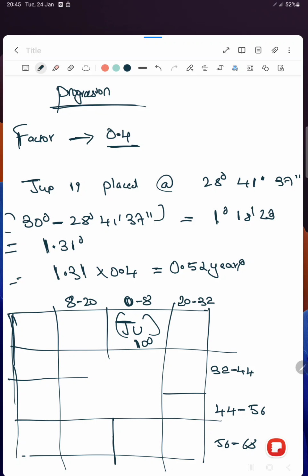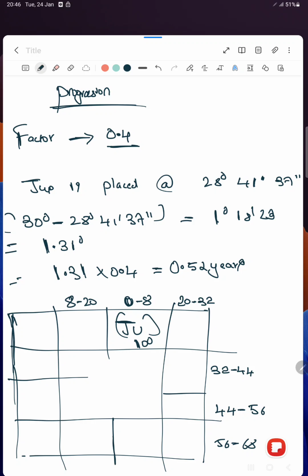So what is this factor 0.4? Generally we will take this progression in an approximate manner only. Of course, once you enter the higher advanced Nadi, there we will do it in a more detailed manner.